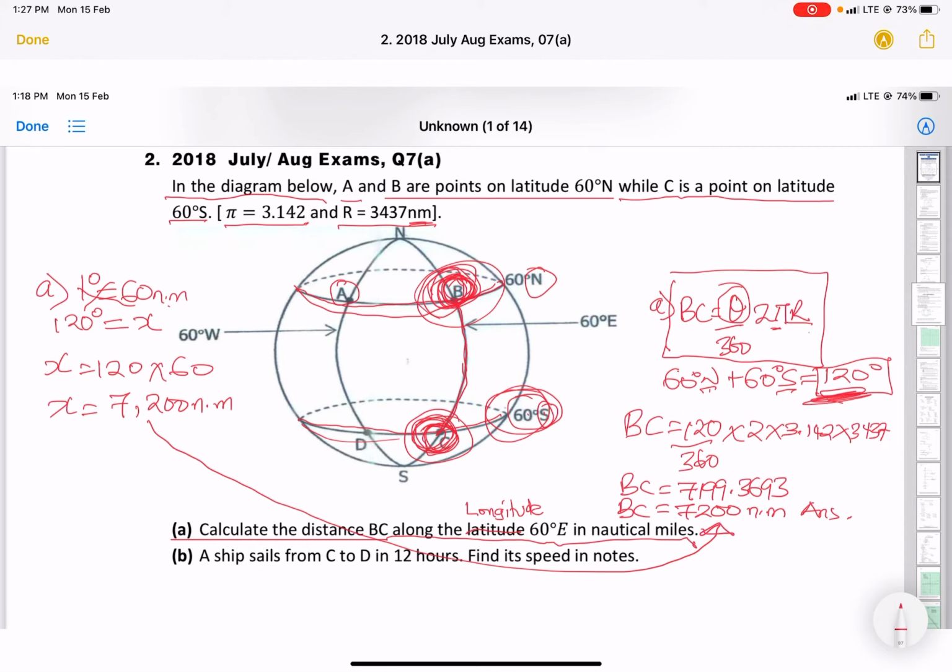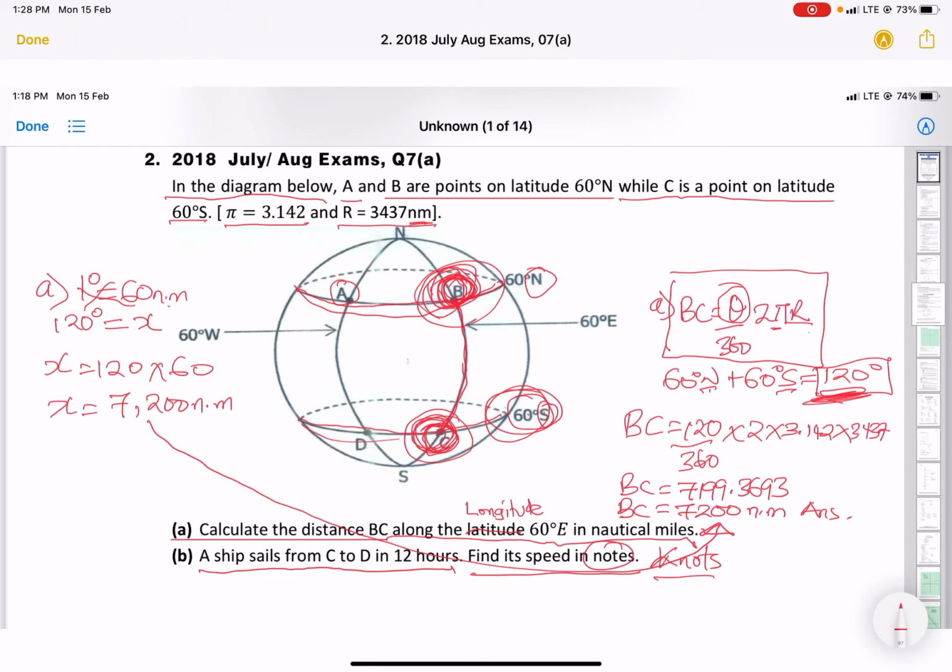Let us now go to question B. It says a ship sails from C to D in 12 hours. Find its speed in knots. Again, there's a typo here; the word should be knots, the unit of speed.